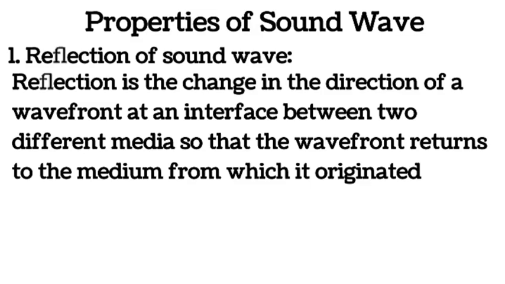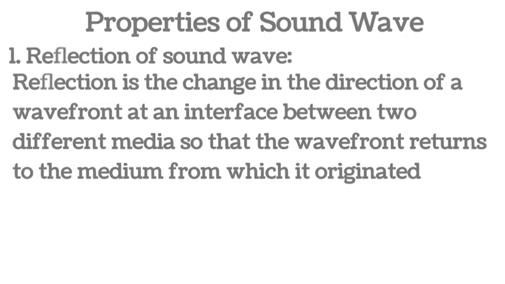You can see from the definition, it says it is the change in the direction of a wavefront at an interface between two different medium, so that the wavefront returns to the medium from which it originated. So this is just the concept of echoes.